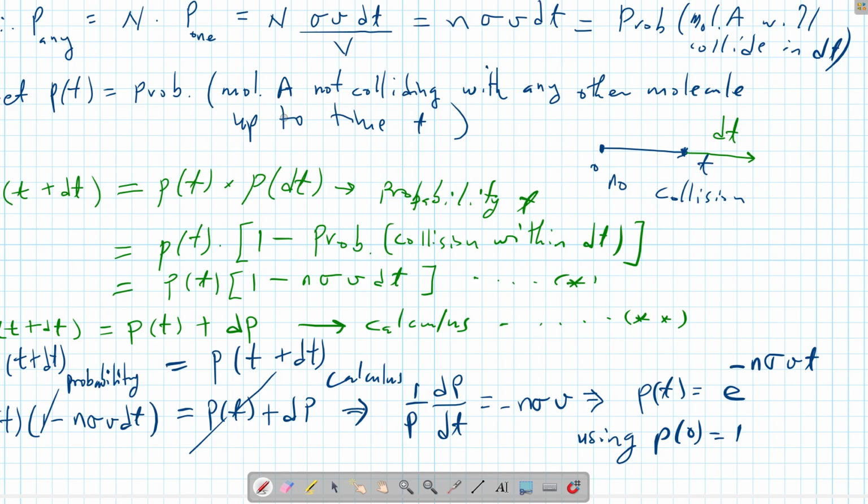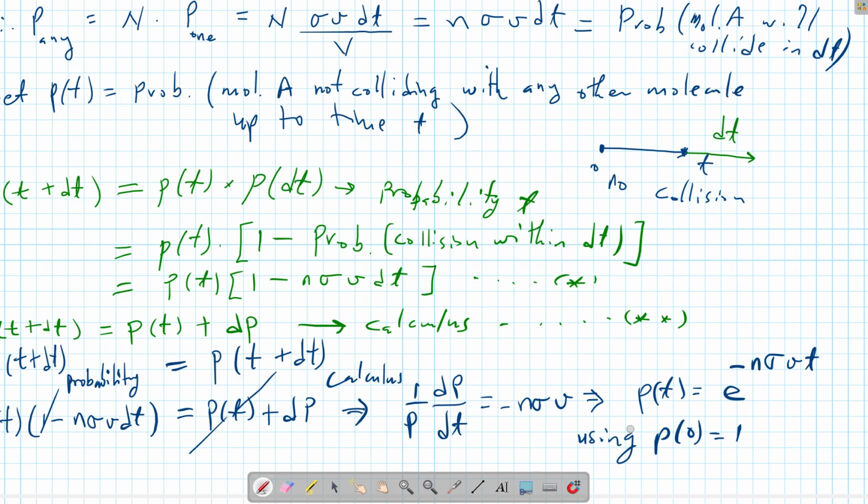So the probability of molecule A not colliding, if t is really big, is going to be 0. So for t big, you have exponential minus t, it's going to tend to 0. And the probability of molecule A not colliding at t equals 0, one can imagine it's 1, right? There's no time interval, so no collision, right? So p0 equal to 1 is also motivated. One can accept that.